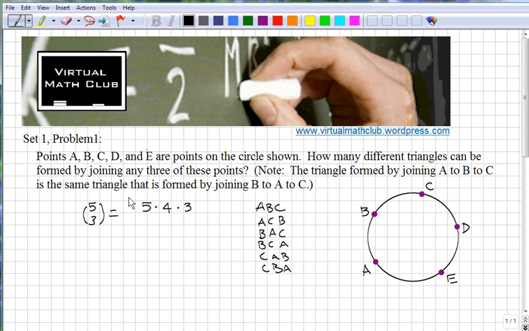So for every set of 3 points that we choose, we have to divide out the number of ways to arrange those 3 points. The way to compute the number of arrangements is that we would have 3 choices for the first one in the arrangement, 2 choices for the second one, and 1 choice for the third one.